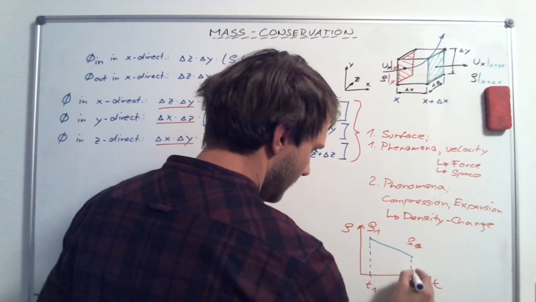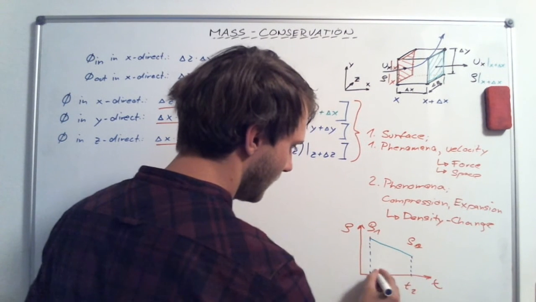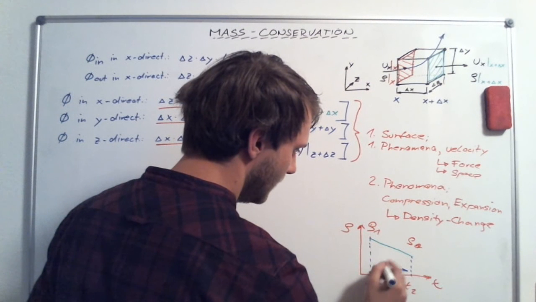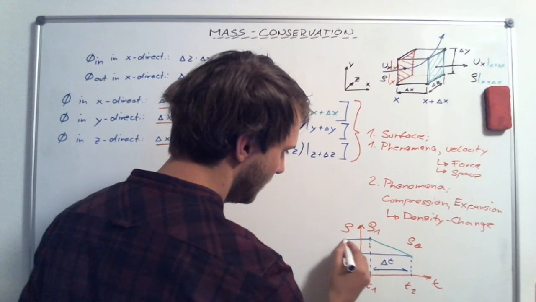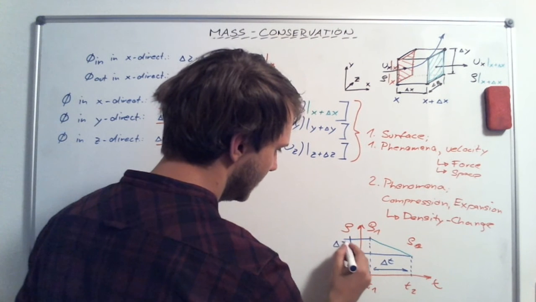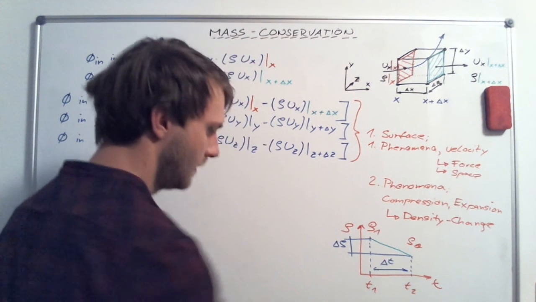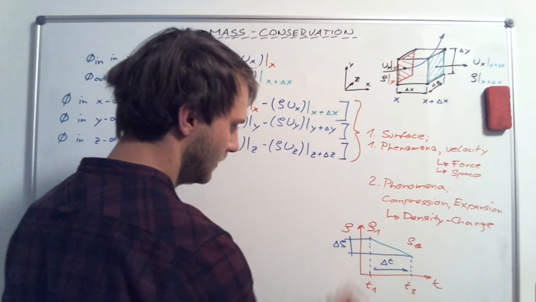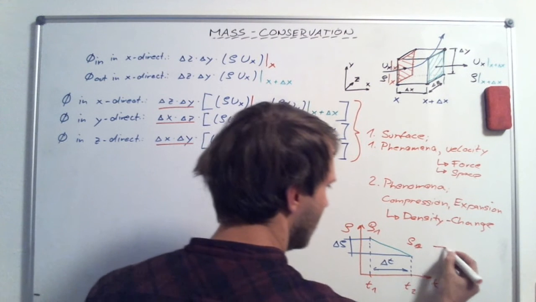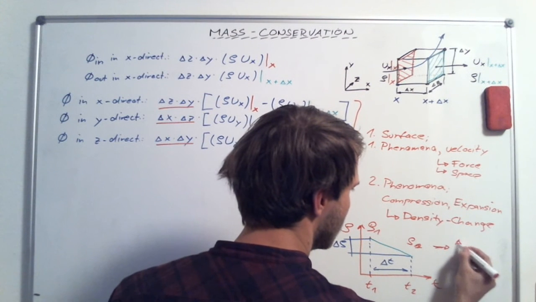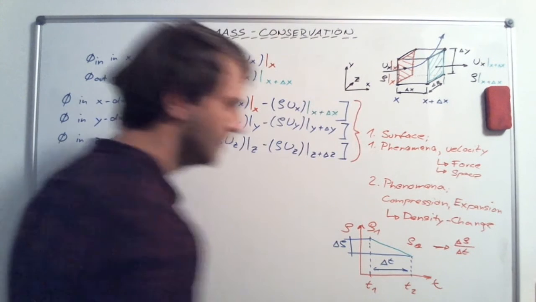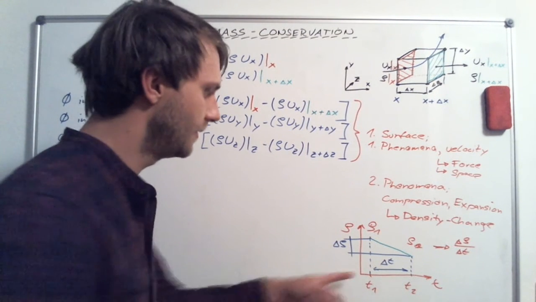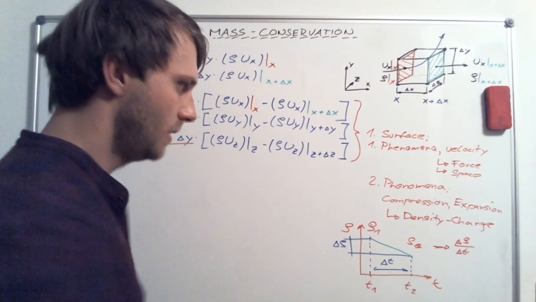And we have here this, so we get here in between delta t, and we get here delta rho. This we can define as the change of density during time, and this acts on a volume.